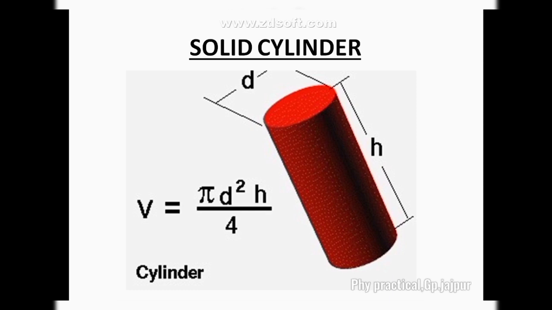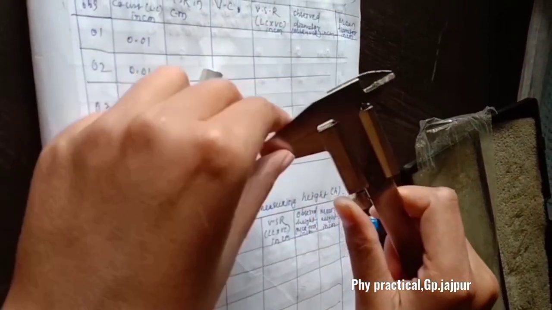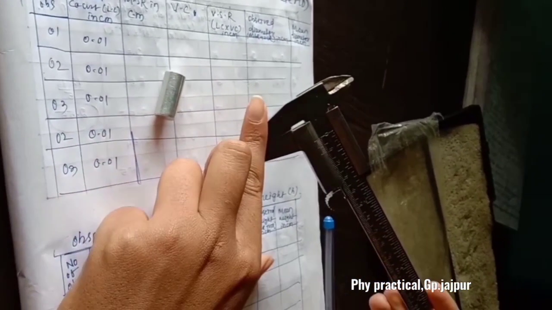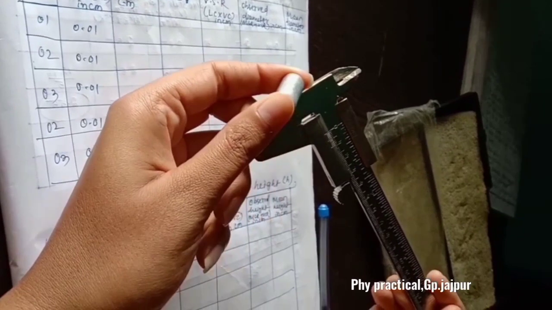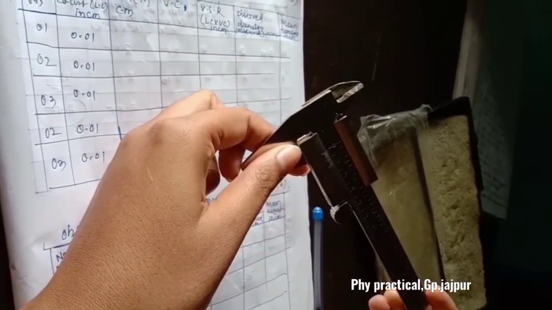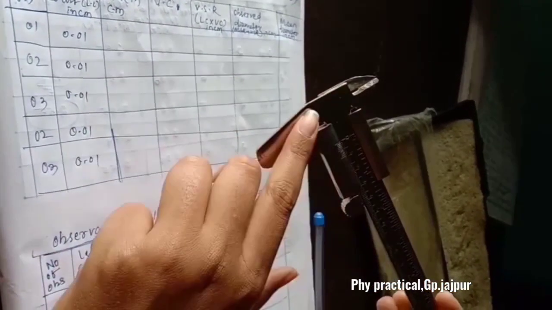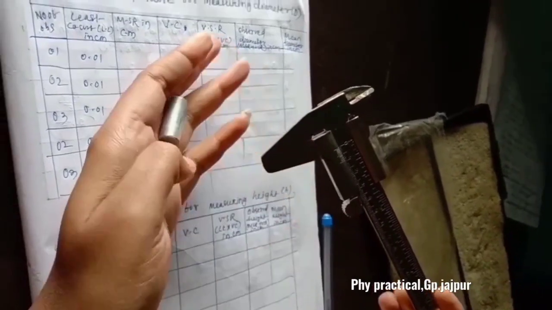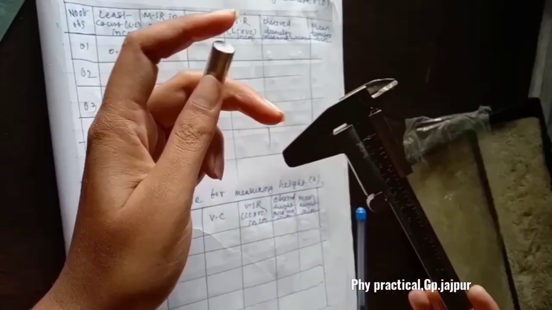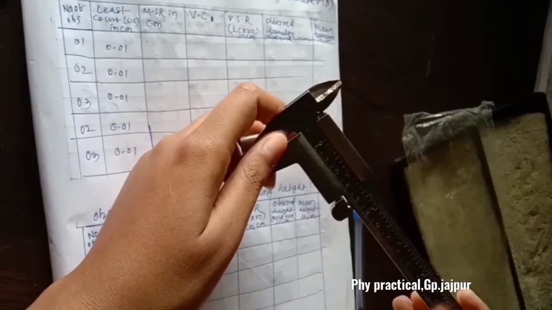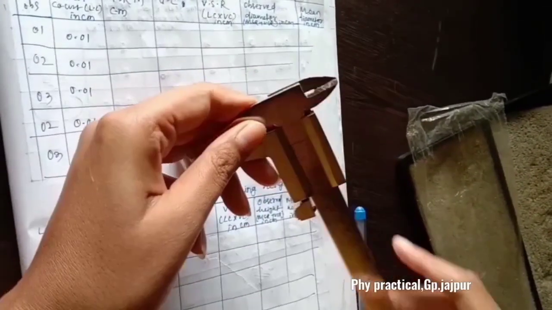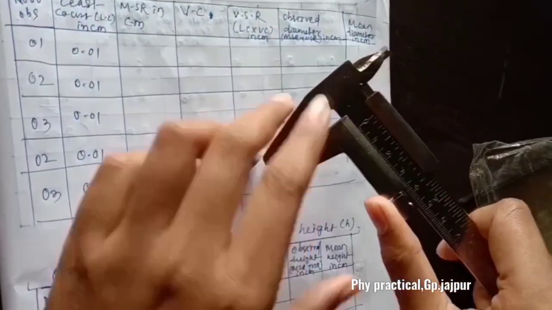Let's know about our instruments. Here is your instrument, the slide caliper, and this is your solid cylinder. By using this instrument, slide caliper or vernier caliper, we can find out the volume of a solid cylinder. Okay, here is your vernier caliper.